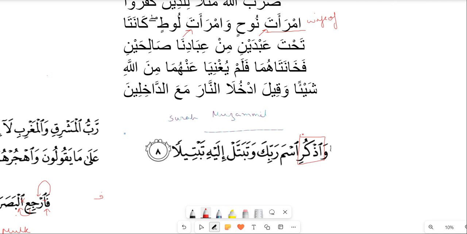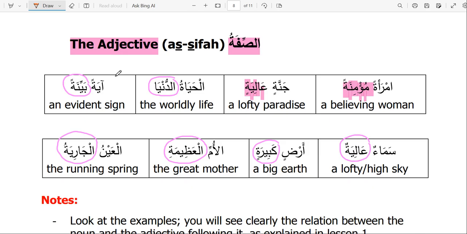Now we will do sifa. As we learned and did in the previous lesson for masculines, it's the same. Sifa has the same rules. I will repeat. The first one is definiteness, nakira and marifa. Second is gender.